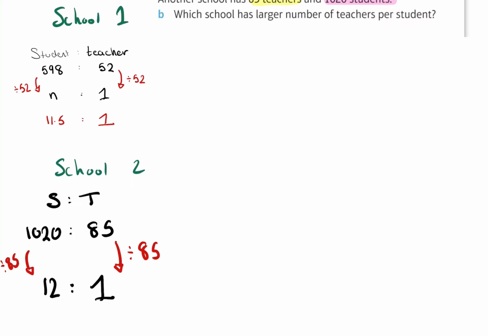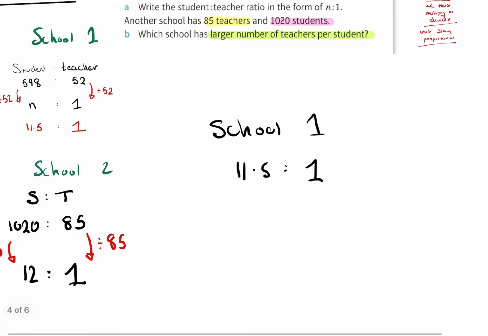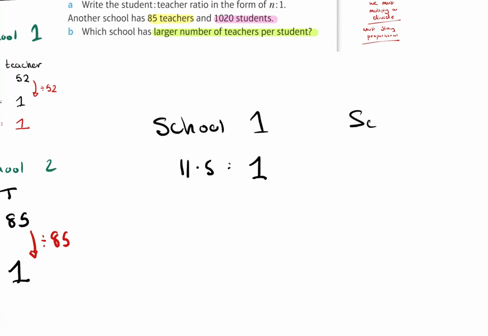Okay, this is interesting. So the question is asking, which school has a larger number of teachers per student? School one was 11.5 to 1. So for every 11.5 students, you've got one teacher. School two is 12 students for one teacher.